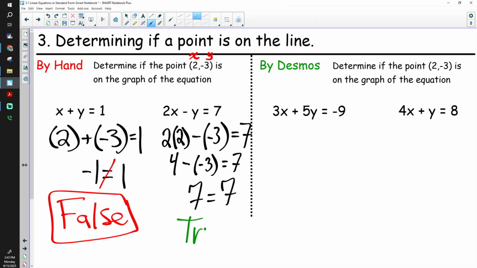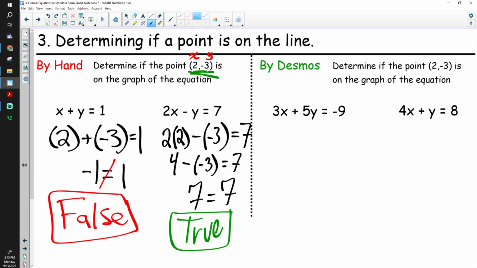So that means what? I know it means it's true, but what can you tell me about the point (2, -3)? Where is it? It's on that line. If you were to graph this line and plot the point (2, -3), guess what? It would land right on it. That's how you do it by hand.